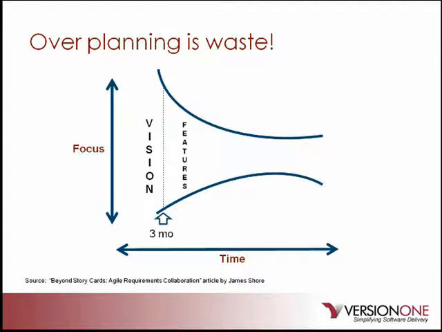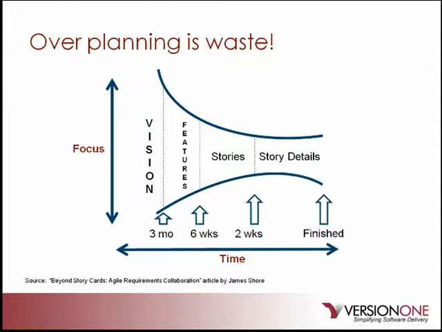About 3 months out, you define the major features to deliver with enough detail to estimate for release planning. 6 weeks out from implementing the features, that's when they should become stories with enough details to plan into an iteration. And then 2 weeks before implementing a story is when all the details need to be defined. As you can see, the amount of detail you capture increases the closer a feature gets to an iteration. There's no need to document all the information up front, which is good because, as everybody knows, things change.